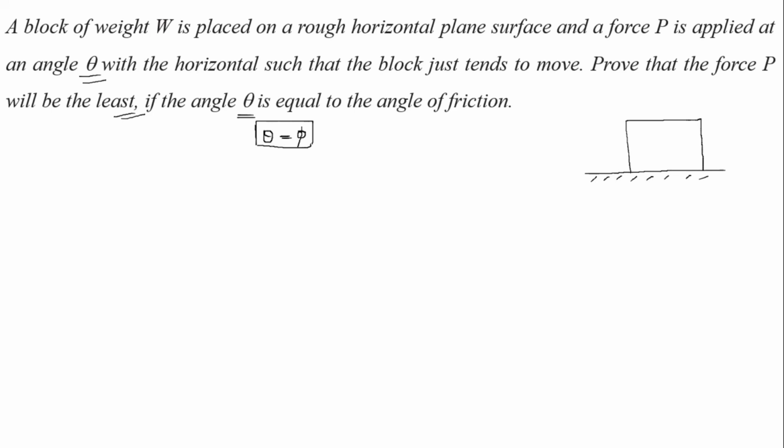So, now W is acting downward, right, on the horizontal plane surface, and the force P is applied at an angle of theta with respect to the horizontal plane, right, and normal reaction is acting upward, right, and frictional force is acting towards the left side, right. So, F is equal to mu into Rn, we know that, right.